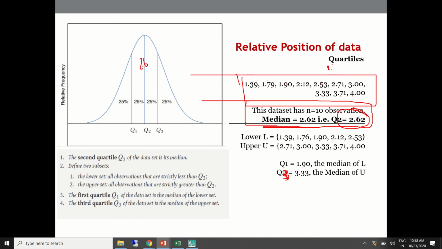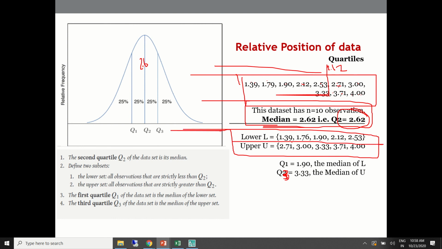Around 2.62, we have 5 on each side, divided equally. The lower half is 1, 1.3, 1.7, 1.9, 2.1 and 2.5, lower than 2.6. And the higher values are more than 2.6.